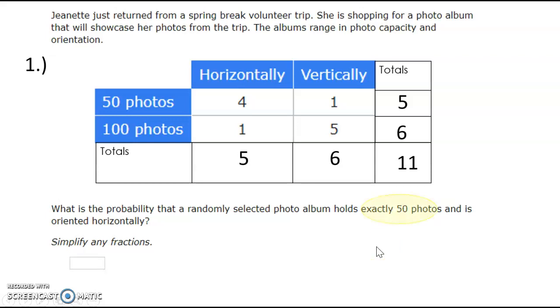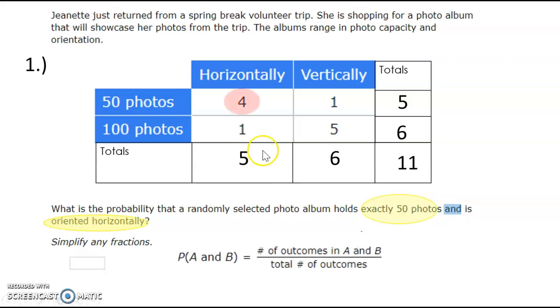I'm going to highlight the keywords, which are 50 photos and oriented horizontally. So the number that represents 50 photos and oriented horizontally is 4. My total number of outcomes in my two-way frequency table is 11. My answer for number 1 becomes 4 of 11.